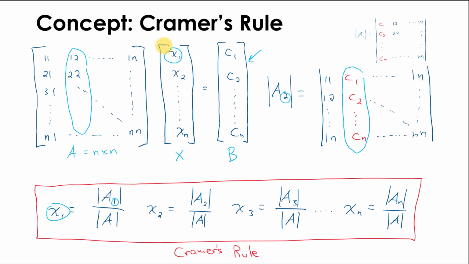Keep in mind that this column represents x1, and this represents x2, all the way over to xn. So whatever column I'm working with is the one being replaced by my constants, and then I take the determinant of that and divide it by the determinant of A, which is just our regular coefficient matrix without any replacements. That might be a little confusing, but let's take a look at a few examples.